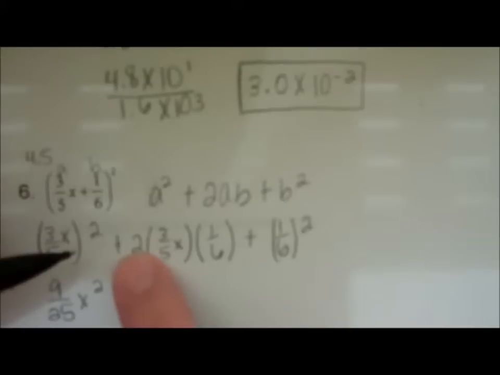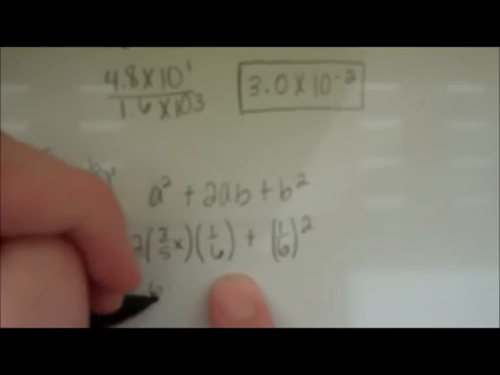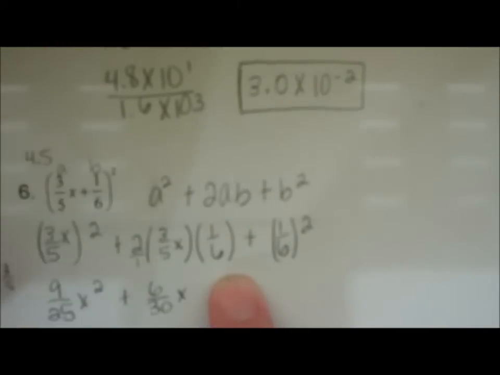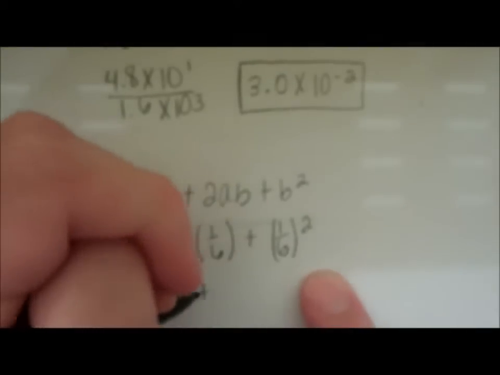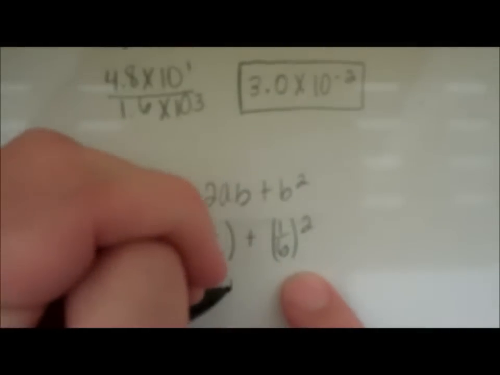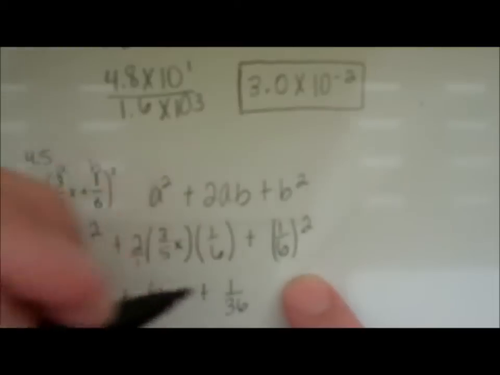This is saying 2 over 1. So 2 times 3 is 6, times 1 is 6. So I have a 6 on top. And on the bottom, I have 1 times 5 times 6, which is 30, and I have this x here. And over here, 1/6 times 1/6 is going to be 1 over 36.